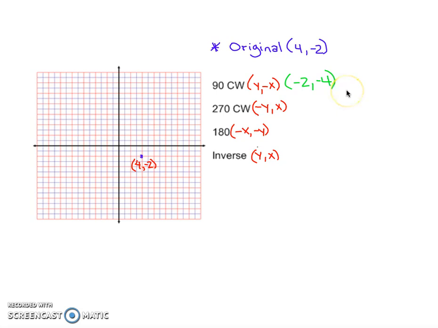So if I were to graph this on the coordinate plane, (-2, -4), if we went to -2 and then -4, I'm going to have our spot here.